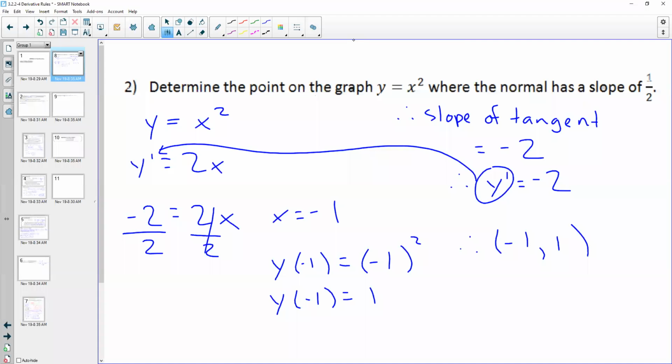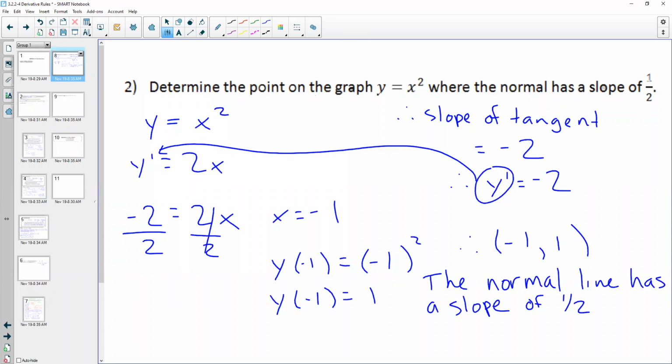So we can summarize that, and then we can say the normal line has a slope of 1/2 when x is equal to -1 at the point (-1, 1).